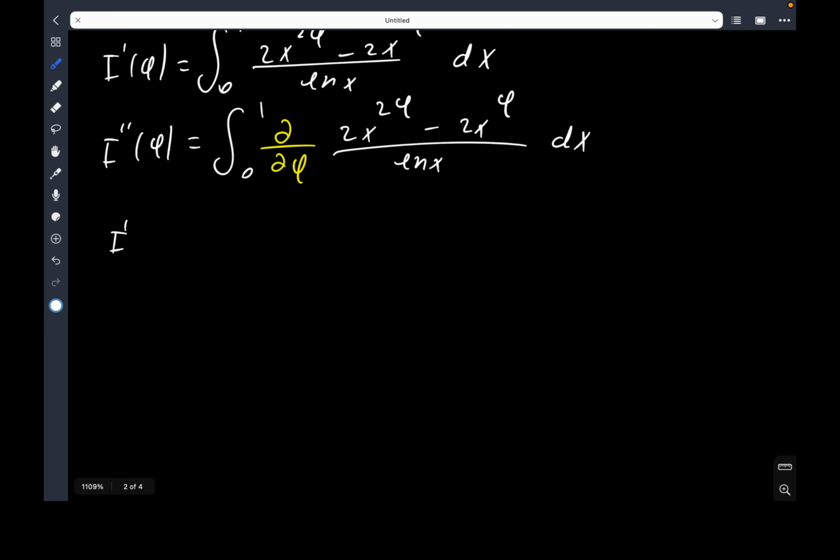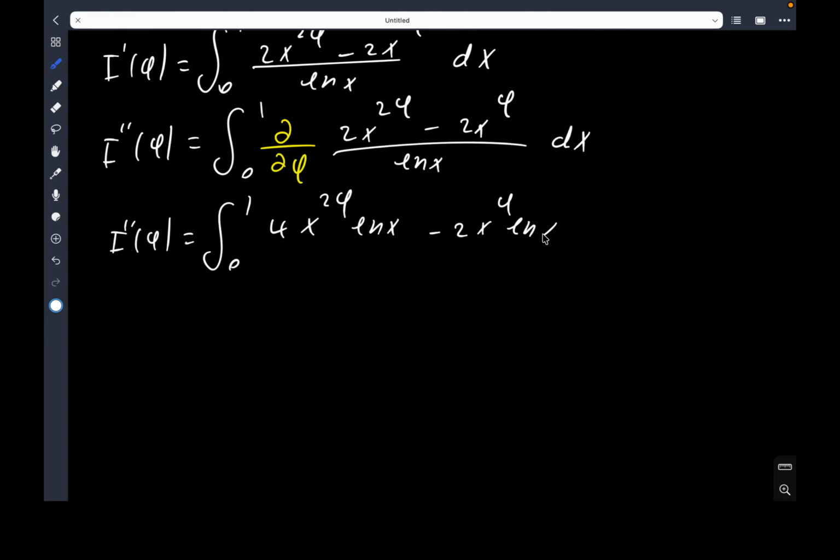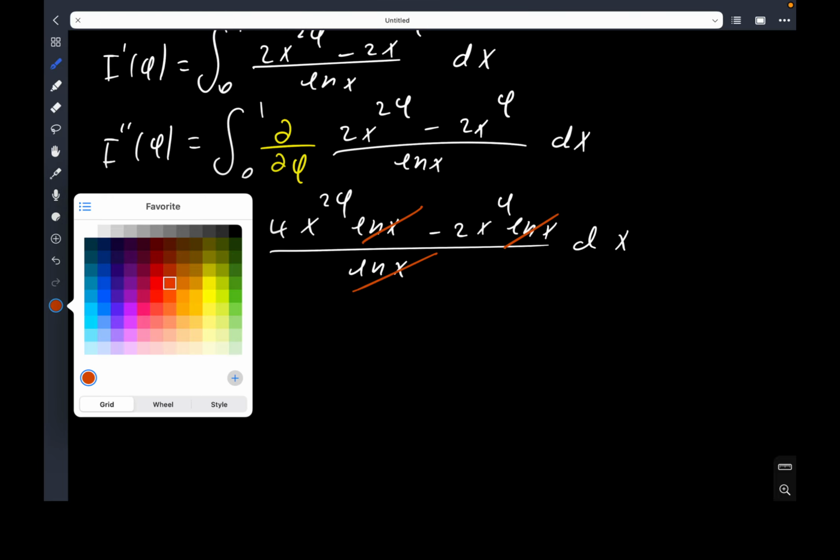My I double prime of phi, if I take the derivative again, is going to be 4x to the 2 phi ln x minus 2x to the phi ln x, all over natural log of x. And I can cancel out the natural log of x here, here, and here.